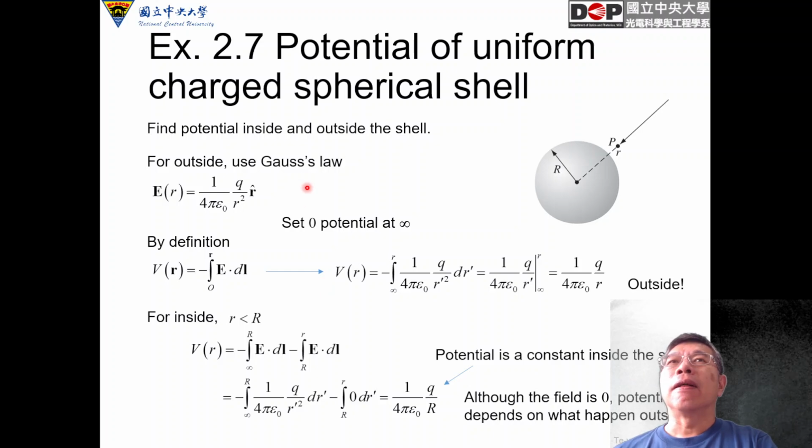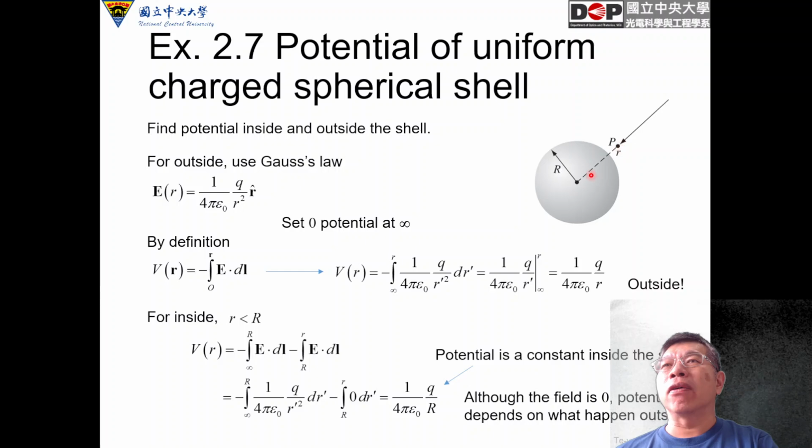All right. Example 2.7 is the potential of a uniformly charged spherical shell. It means you have a charge distributed on a sphere with radius R. Calculate the potential everywhere, inside and outside the shell.